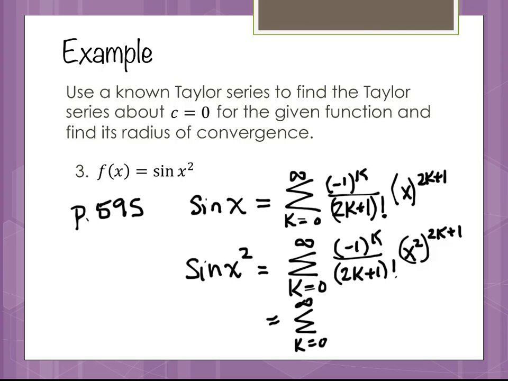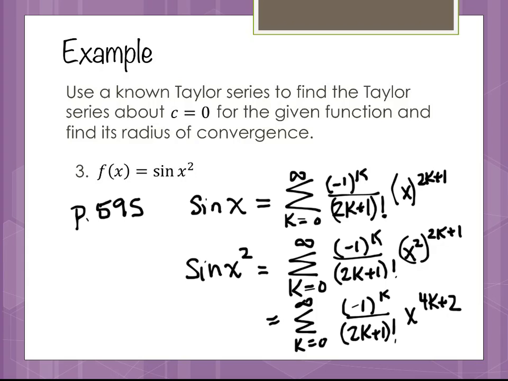So this is the series k equals 0 to infinity of negative 1 to the k over 2k plus 1 factorial, raised to what power of x, or x raised to what power? 4k plus 2, exactly. Now, we haven't done quite all of the directions, though.